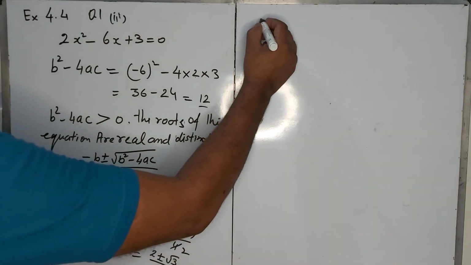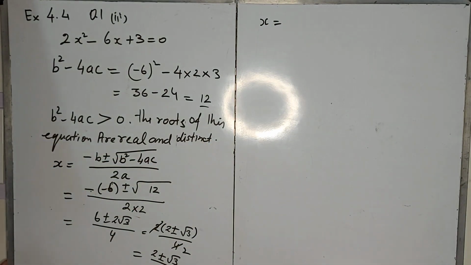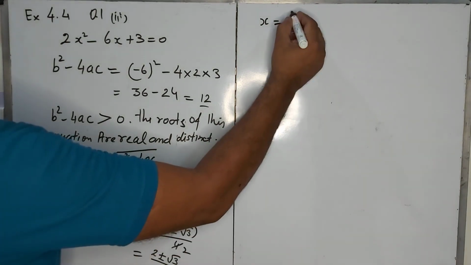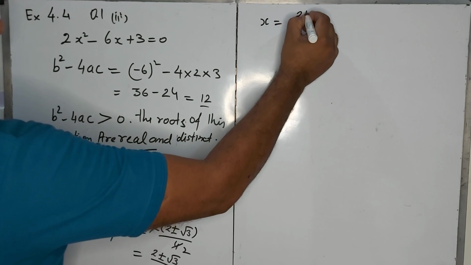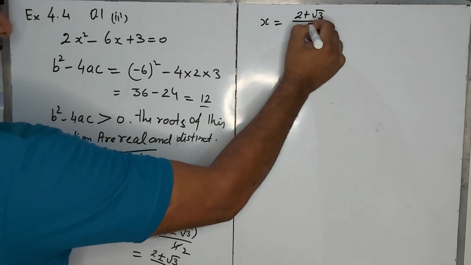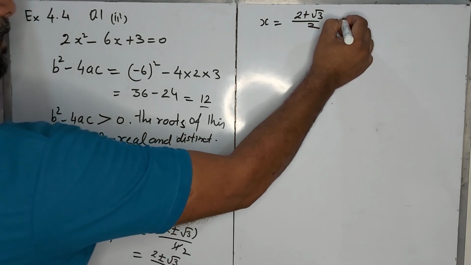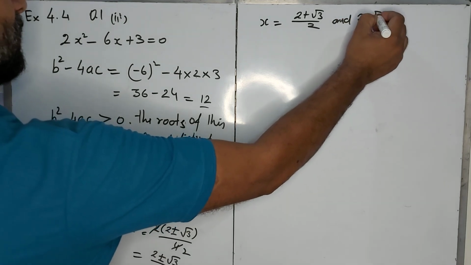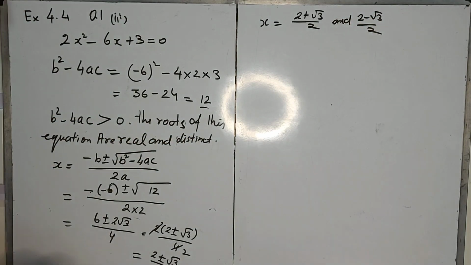Therefore, this equation has two real and distinct roots. And what are the roots? That means 2 plus square root 3 divided by 2 and 2 minus square root 3 divided by 2.